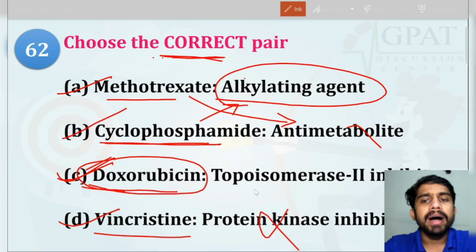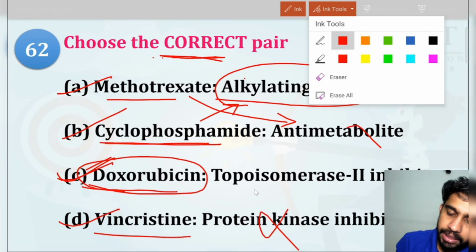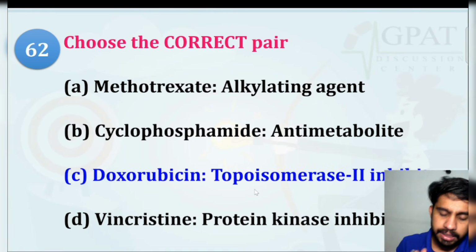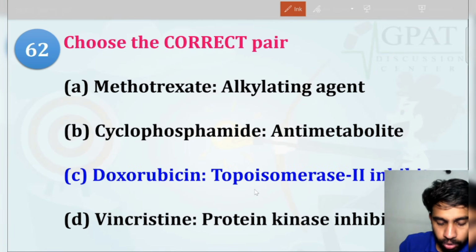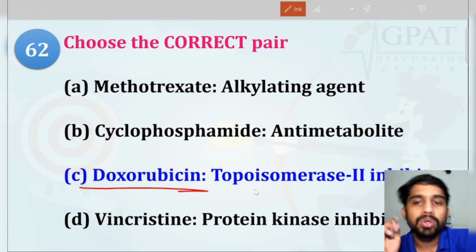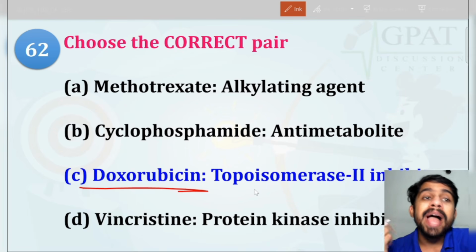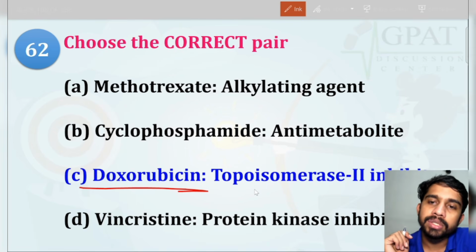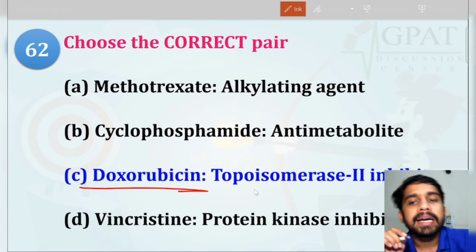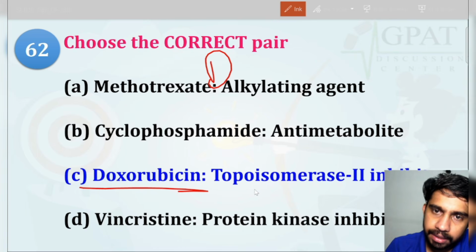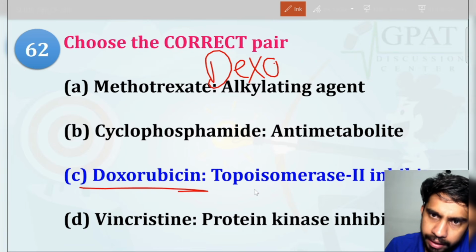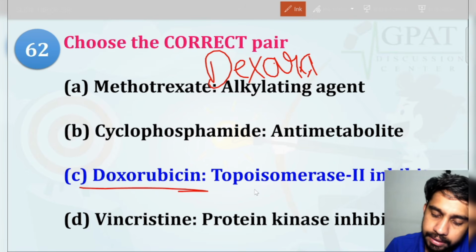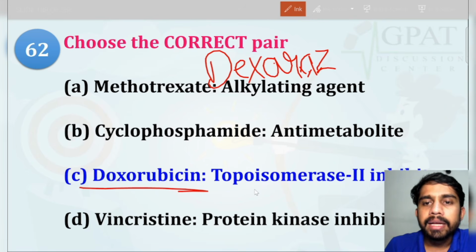Now we have seen that the correct answer is option C, and I have told you that doxorubicin is cardiotoxic. So how to manage the cardiotoxicity of doxorubicin? In order to manage it, there is one drug named dexrazoxane.